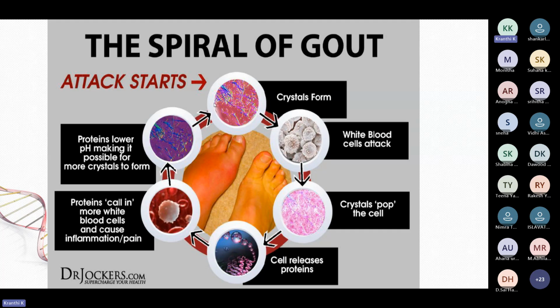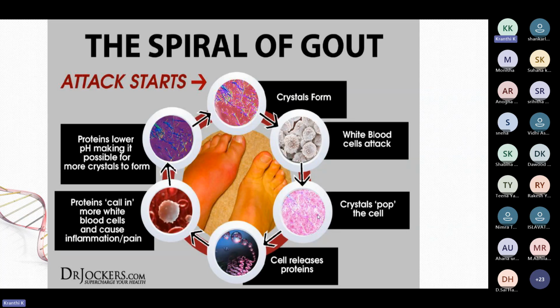What type of crystal are these? Sodium urate crystals will form. Then white blood cells attack, because this is not normal. It's an abnormal thing, so white blood cells attack.